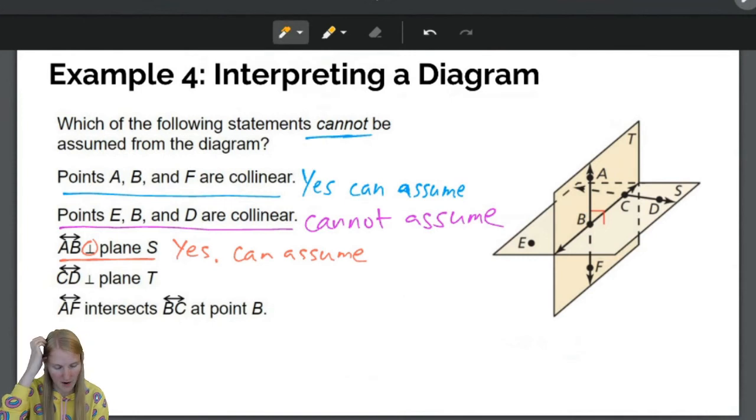Okay, now for the next one. Line CD is perpendicular to plane T. Remember, that's what the upside down T means. So now, CD is right here, and plane T is this box right here. Are they perpendicular?